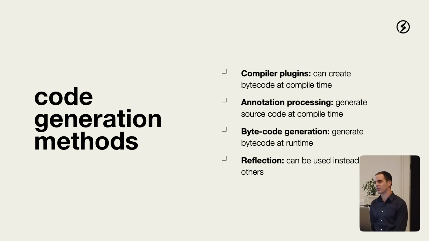And also, if you are testing, and obviously everyone is testing here, then you are using mocking frameworks, and the mocking frameworks also generate bytecode at runtime. And the last method is reflection. It is not really code generation, but most annotation processing and code generation tools can be replaced by reflection. It is mainly used now in the backend, where the performance penalty is not really an issue, but on other platforms, a faster method should be used, like compiler plugins or annotation processing.